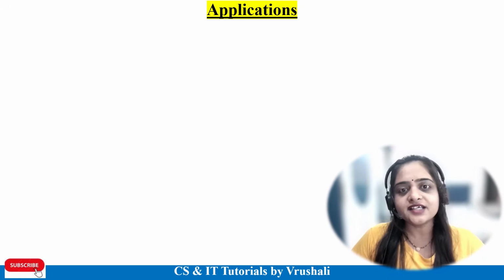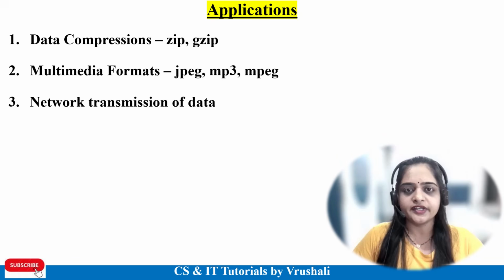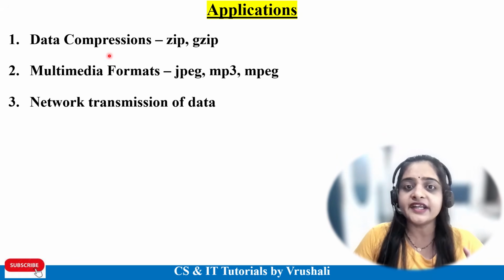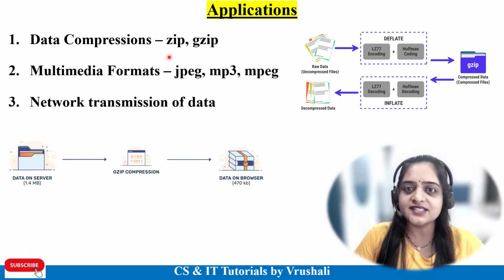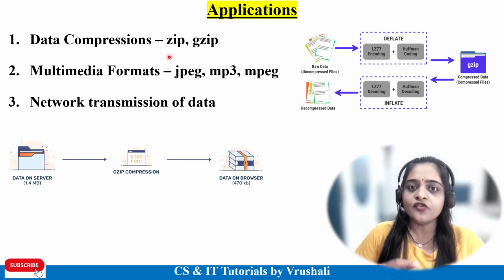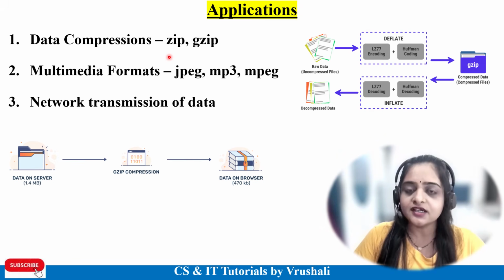Now, there are some real life applications of Huffman coding. One of the best real-life applications is the data compression technique. I think you are all familiar with the zip folder, right? When you want to share multiple files with a particular person through Gmail or Google Drive, at that time you compress that particular folder, right?